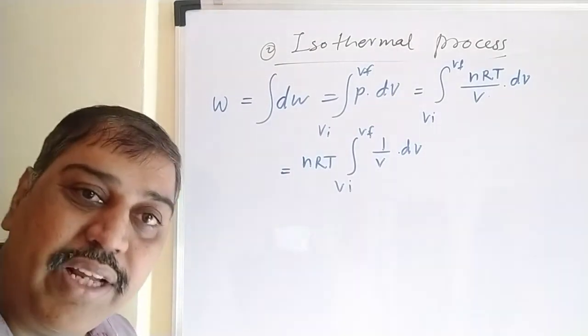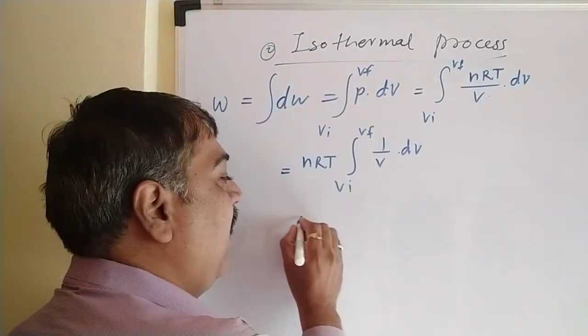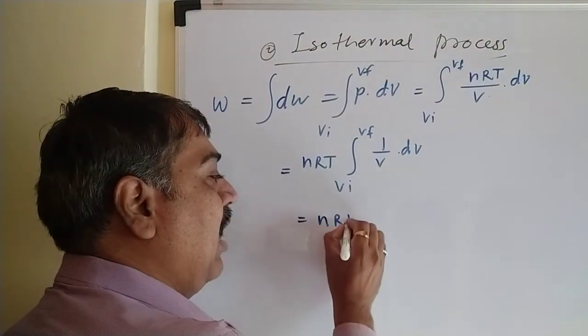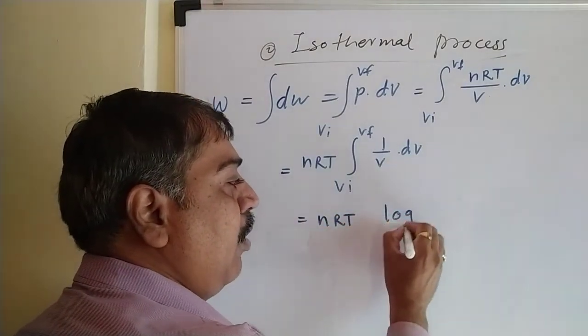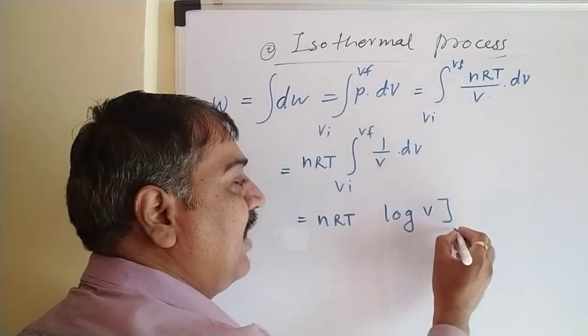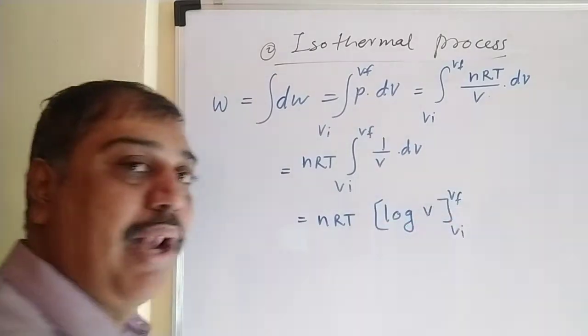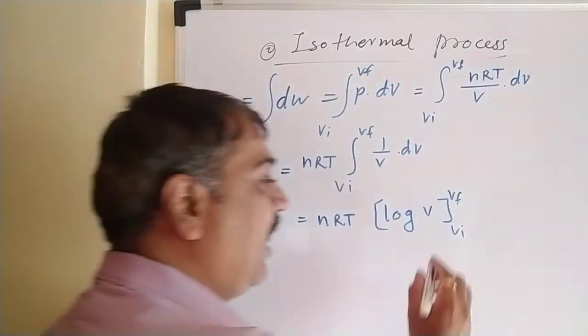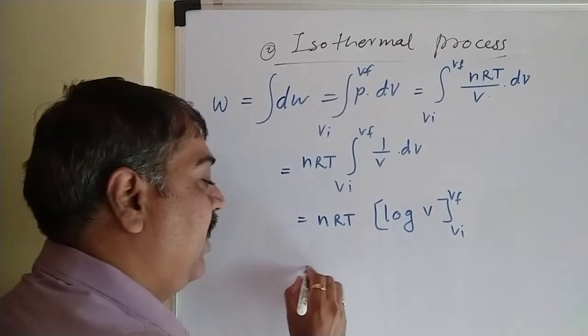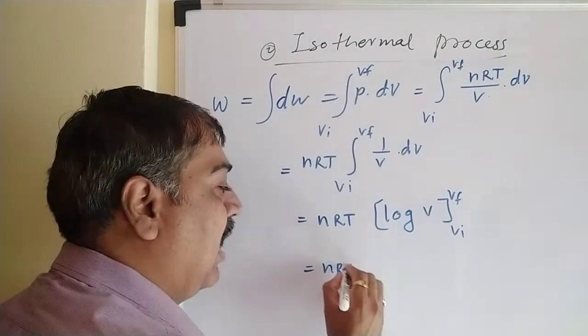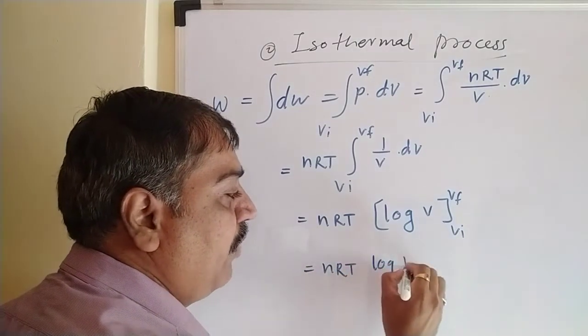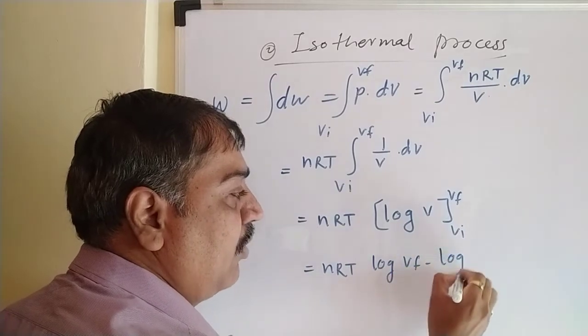It is log of V. So we can write this as equal to nRT into log of V, varying from Vi to Vf. Now put upper limit minus lower limit. You can write this as nRT, log of Vf minus log of Vi.